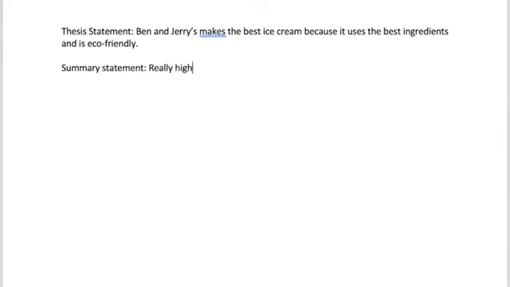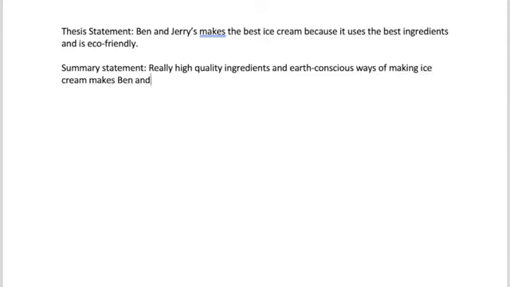Really high quality ingredients and earth-conscious ways of making ice cream makes Ben and Jerry's the best ice cream producer, period.